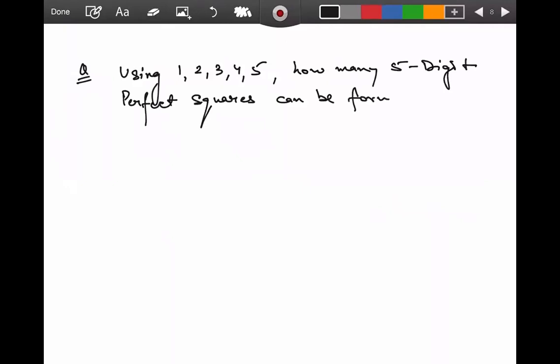You can only shuffle, you cannot repeat a digit. Yes, Guneet? So all the UC aspirants, please try to answer this. How many 5-digit perfect squares can be formed by using these digits?